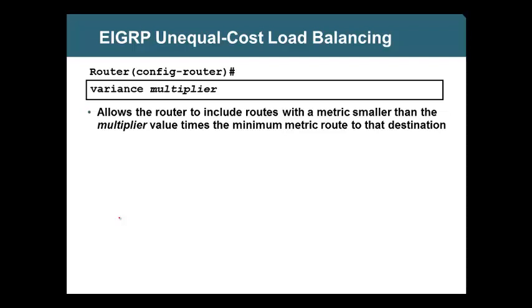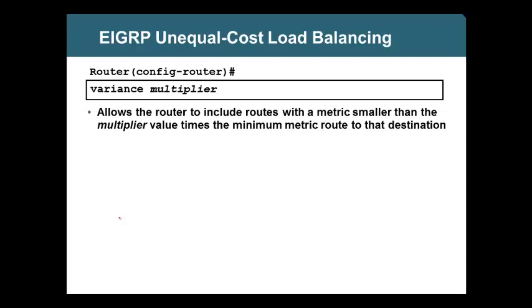You may have 1000 routes in the topology table. It's of no use unless you see those routes in the routing table. When the routes are there in the routing table, only then will packets be forwarded using those routes.